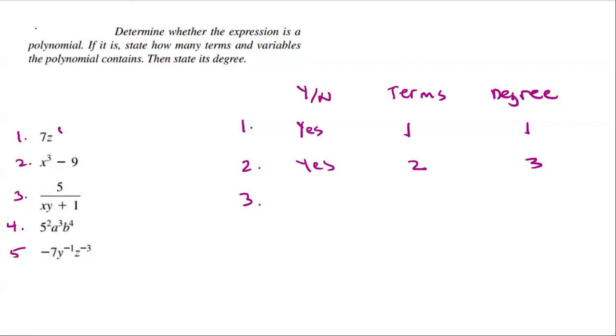Okay, because it's being divided. And if I were to rewrite this, it would be like 5 times xy plus 1 raised to the negative 1. Okay, so anyway, it's not a polynomial.